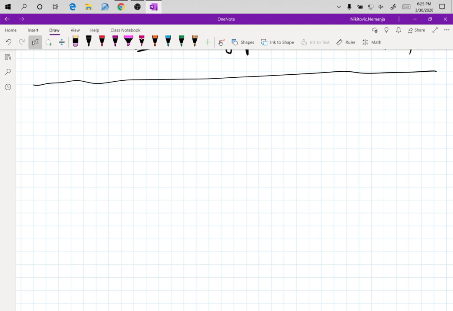Cool. The next story is the story of horizontal asymptotes.